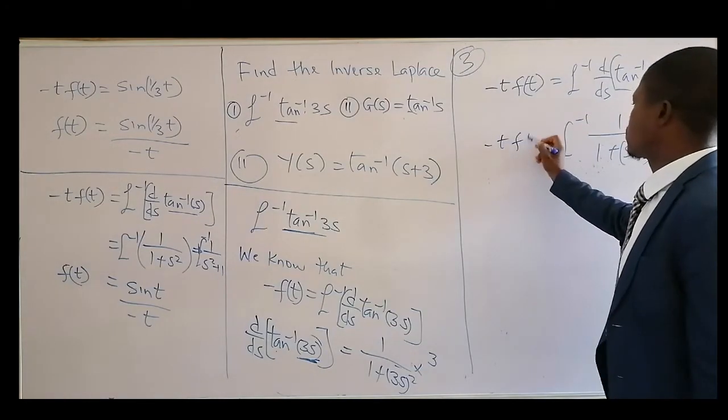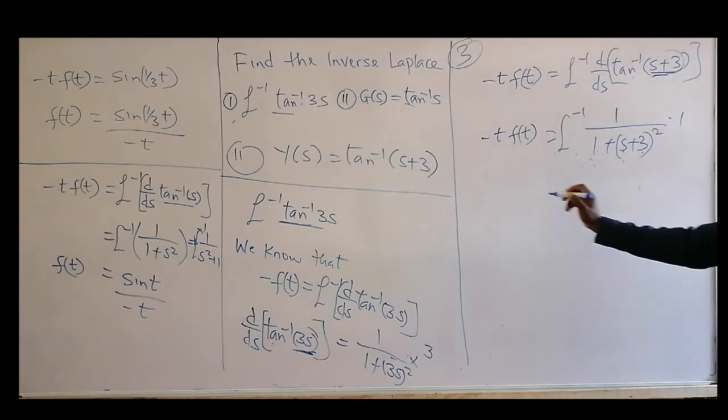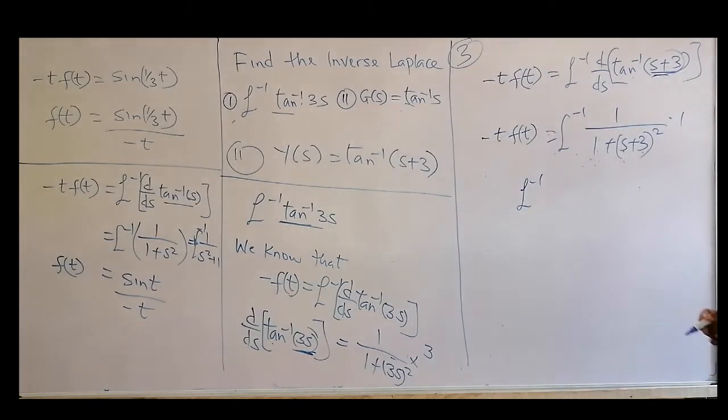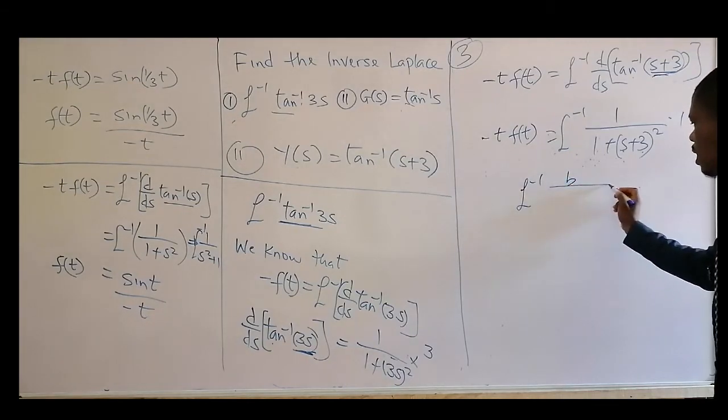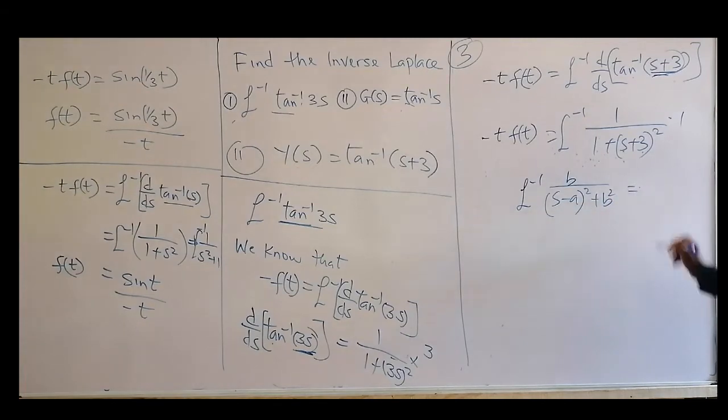So from here, the derivative is 1 over 1 plus this function squared, times the derivative of this, which is 1. But we need to know that the inverse of b over x minus a squared plus b squared is equal to e to the power at, sine bt.